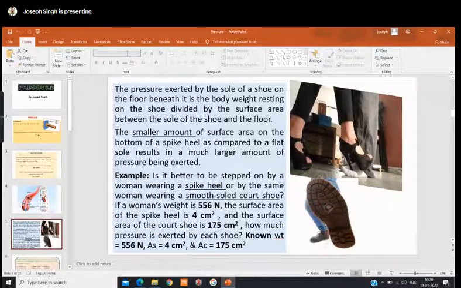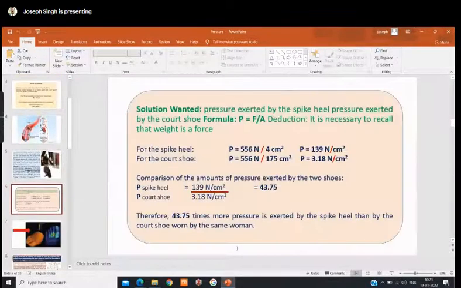So how much pressure is exerted by each shoe? So we will calculate 556 over 4 centimeter square and 175 centimeter square. Now let's see the difference.